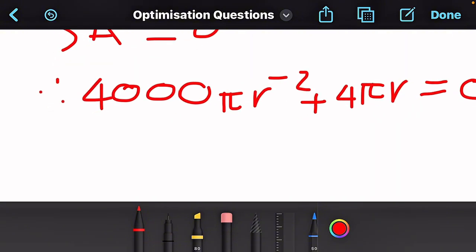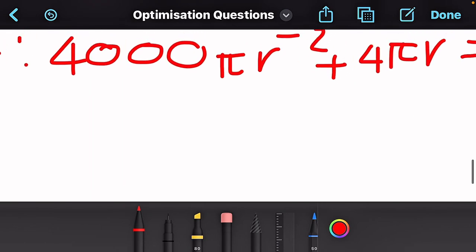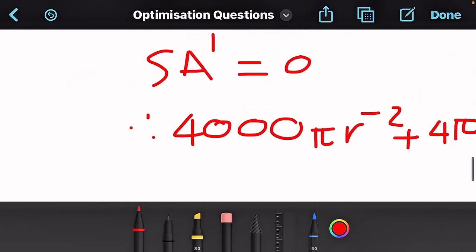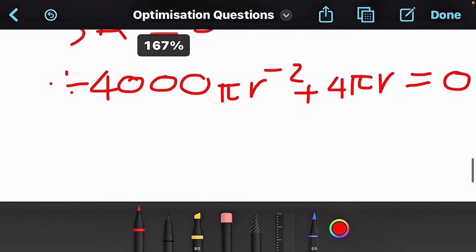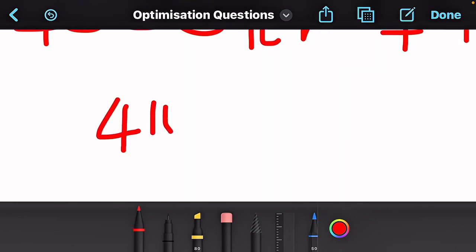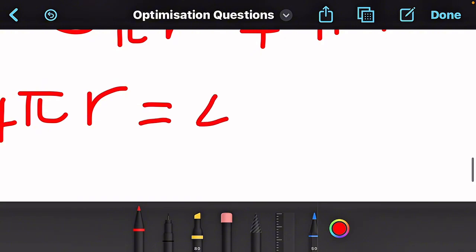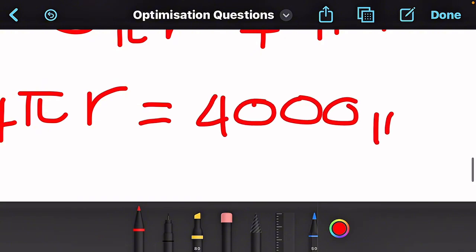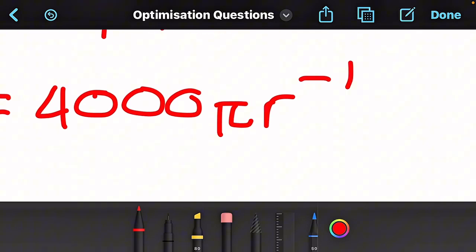Hold on, I made a mistake. This is negative 4,000. Okay, let's keep going and see what happens. So it's going to be 4 pi r is equal to 4,000 pi r to the power of negative 2.